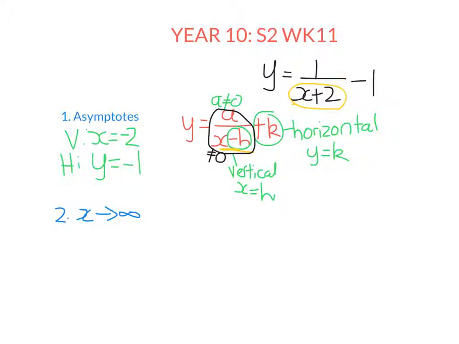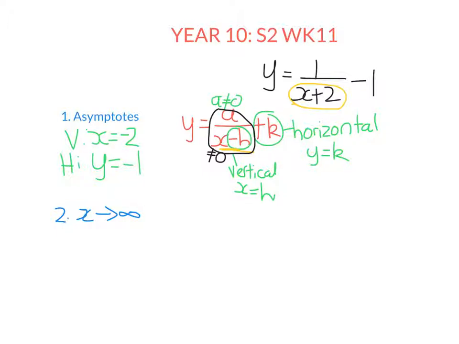But what happens in this equation, as x gets larger and larger, is x plus 2 gets larger and larger. So the denominator will get really large. Now, when you take 1 and divide by a really large number, you get something very close to 0.